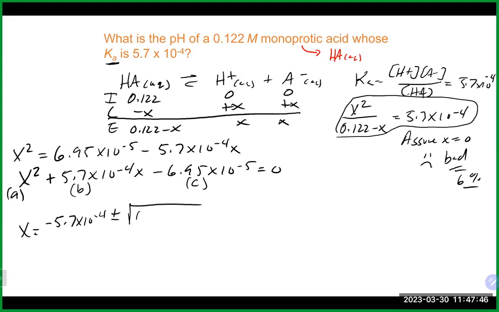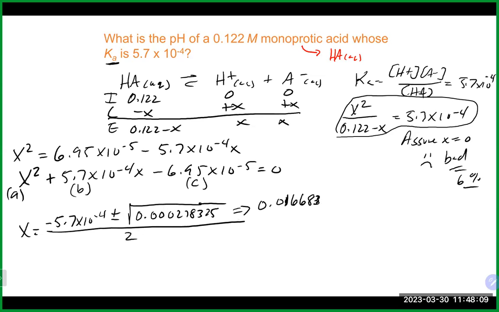Inside the square root there gets you 0.000278325. Taking the square root of it will get you 0.016683. We'll call it 3. That's going to all then be divided by 2 times a, which is obviously 1 in this case, which would be 2.